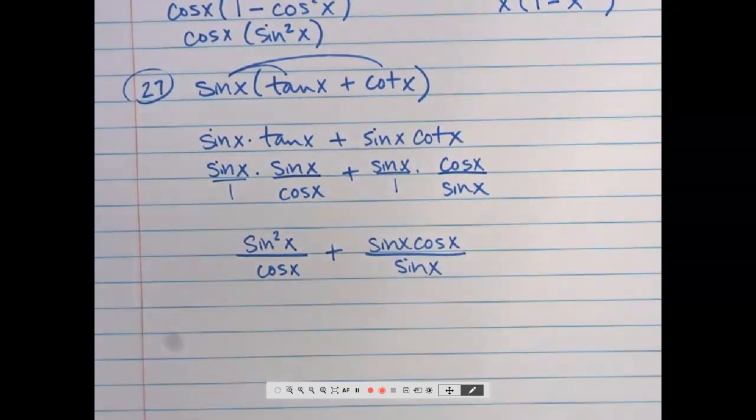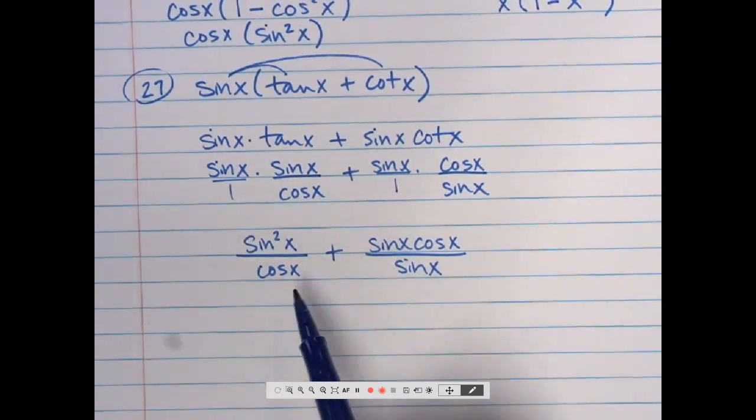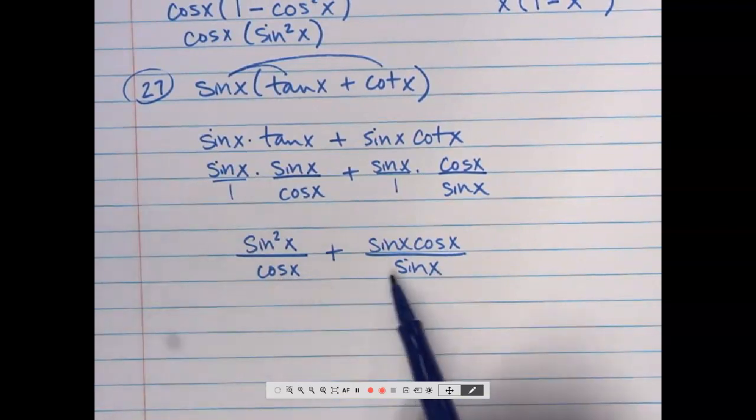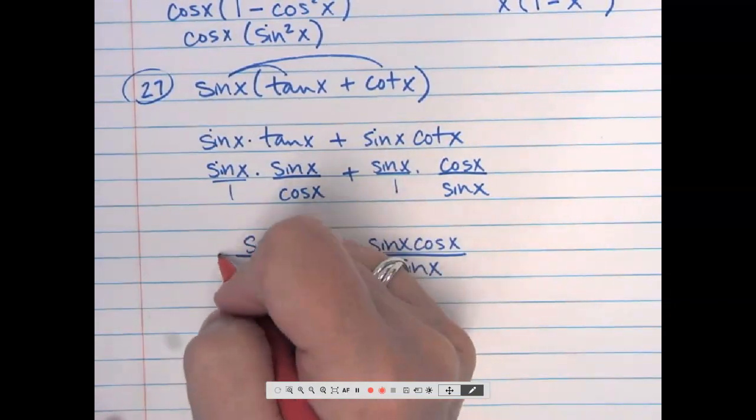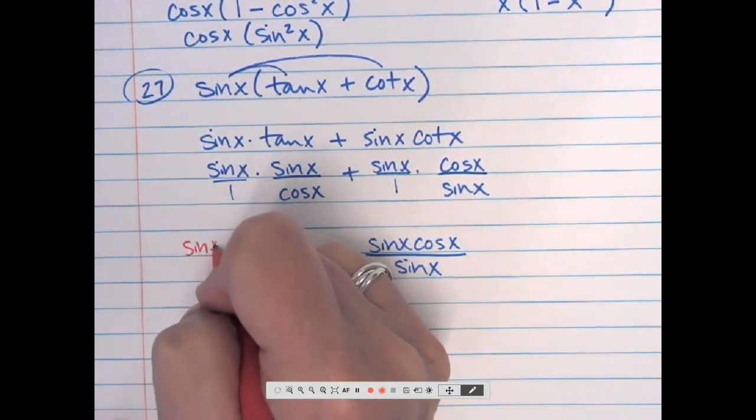Okay, so I have to change things to sine and cosine, but I'm assuming they would want us to get common denominators here. So, the denominator would need to have each of these. So this first fraction would need to be multiplied by sine over sine.